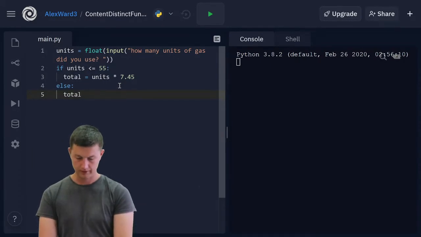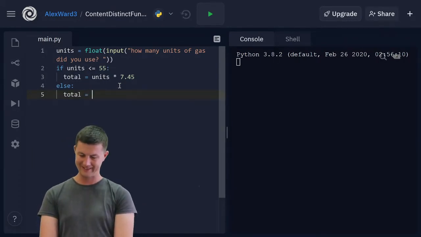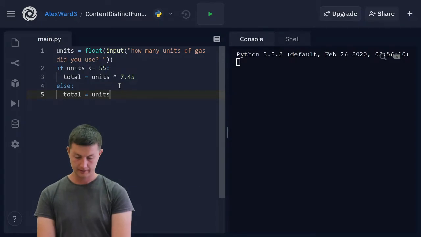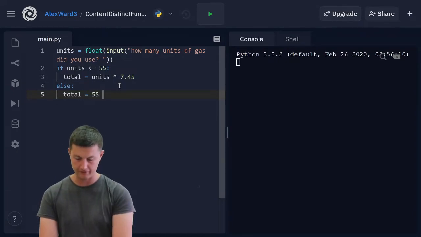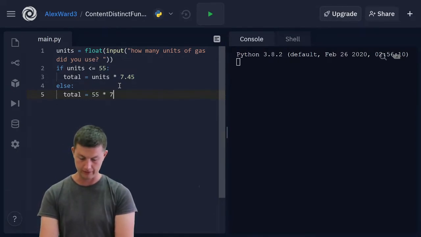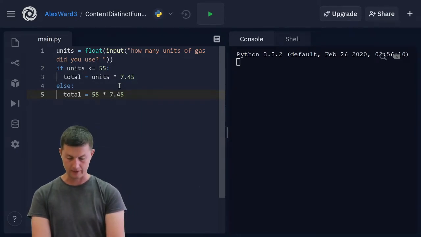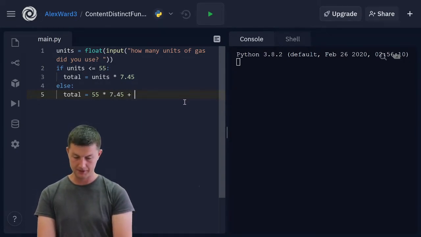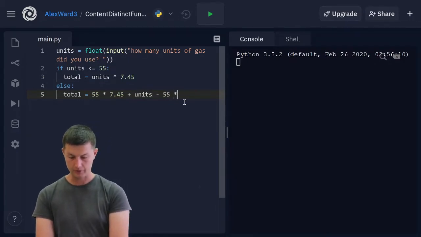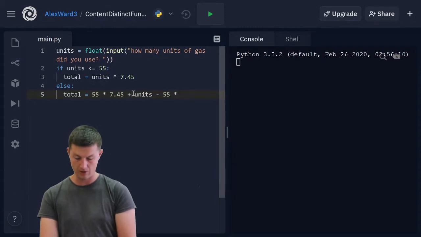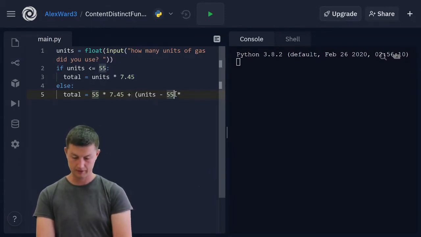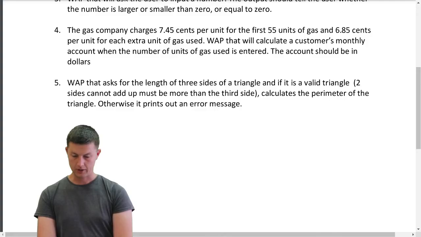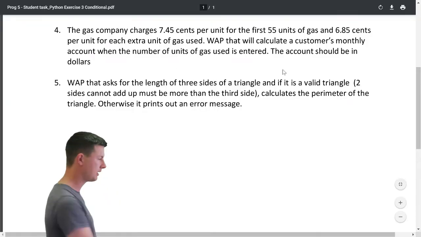Total is equal to units, it's going to be equal to 55 times 7.45, still, whatever that turns out to be, plus units minus that 55, and we're going to times that whole thing in brackets by what?